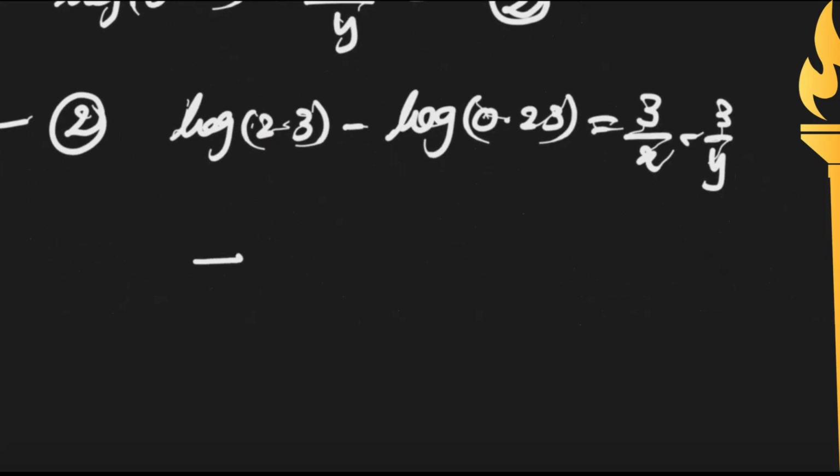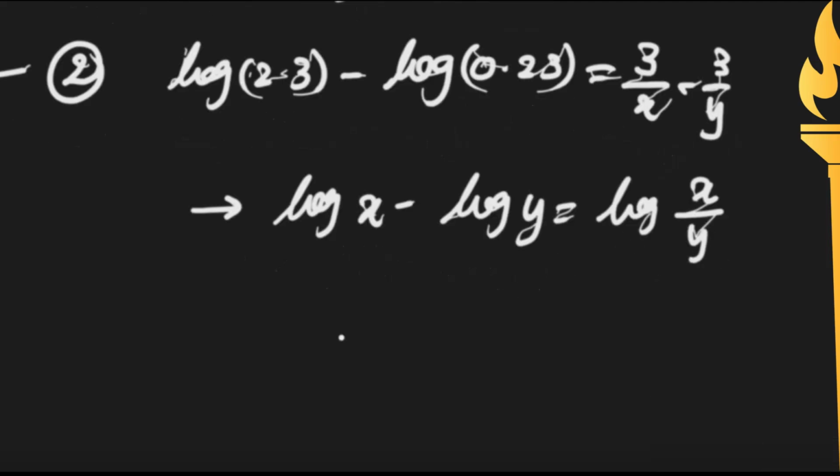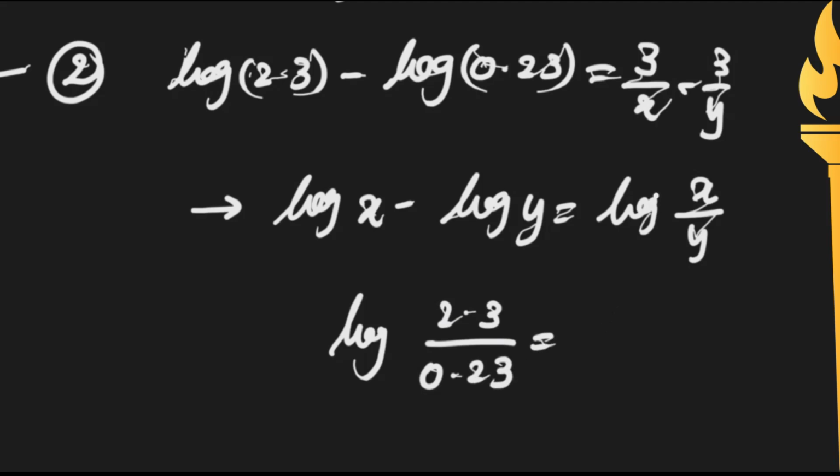So the property we have here is log x minus log y is equal to log x by y. So we have log of 2.3 by 0.23 is equal to, if we take 3 common here, 3 of (1 by x minus 1 by y).